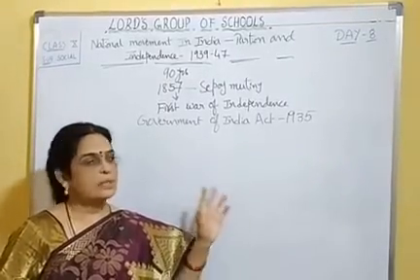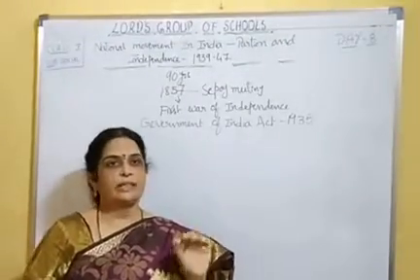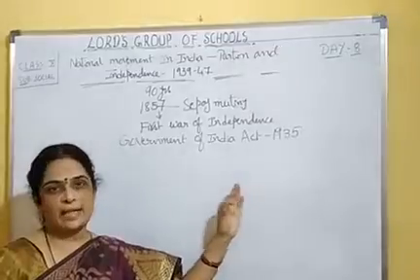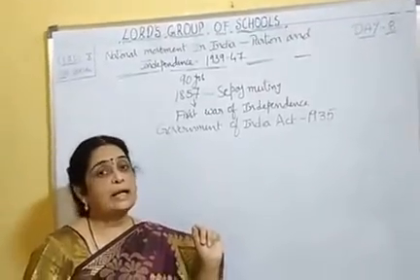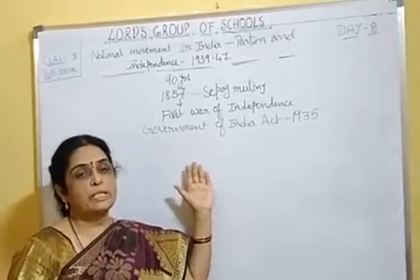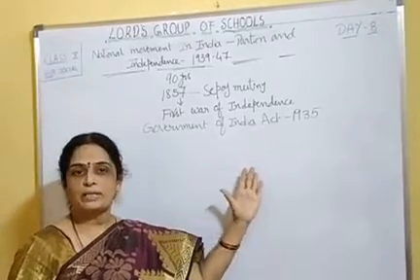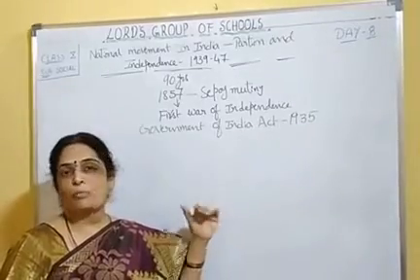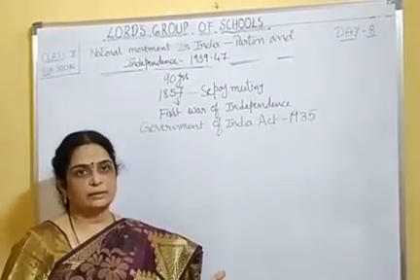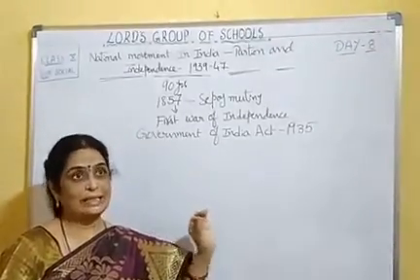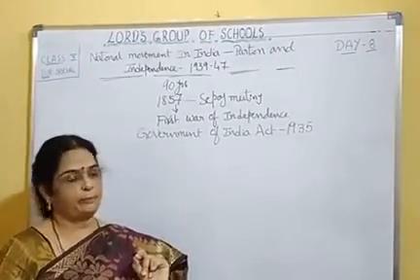First of all, today we have the introduction and the Government of India Act 1935, and whether Indians decided to support the Britishers in the Second World War or not, and what was the opinion of the Britishers. These are all the points we are going to discuss in this class today.